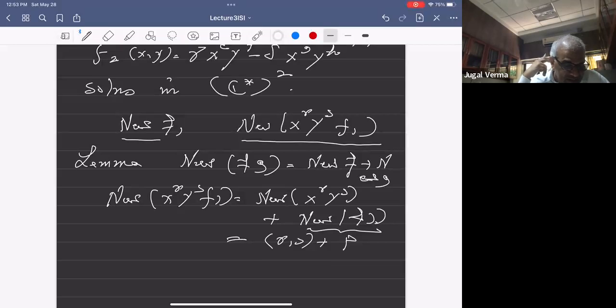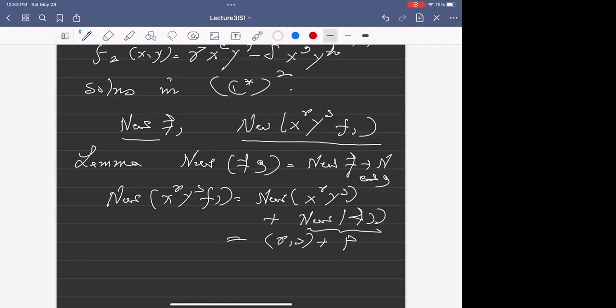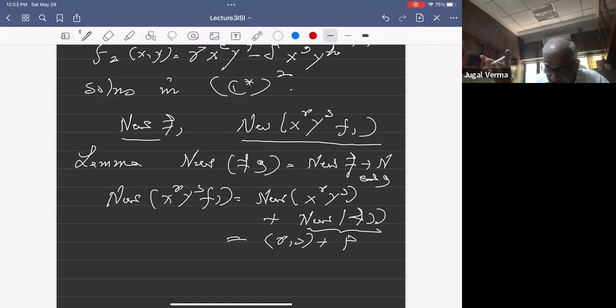Under translation, the volume doesn't change, and mixed volumes, mixed areas, will not change. The number of solutions in C star squared will also not change, because if you look for solutions in C star squared, then X and Y will not be 0.